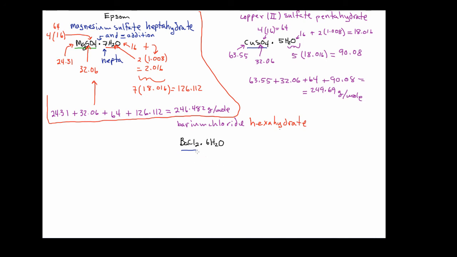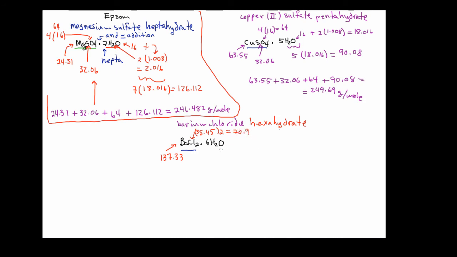Alright, so let's go ahead on this one. It's the same deal. Check on your periodic table. You see the barium is going to come in at 137.33. The chloride is 35.45, but there are 2 of them for a total of 70.9.